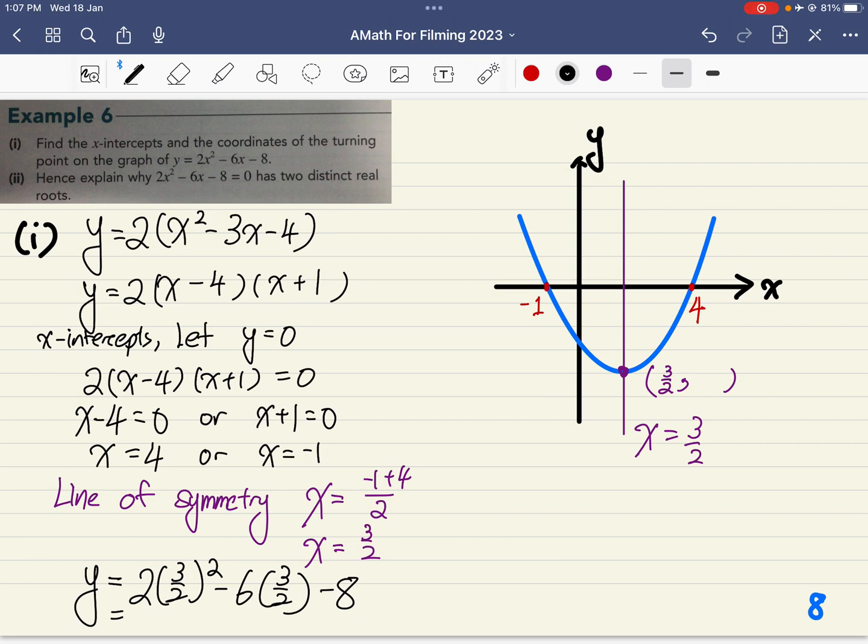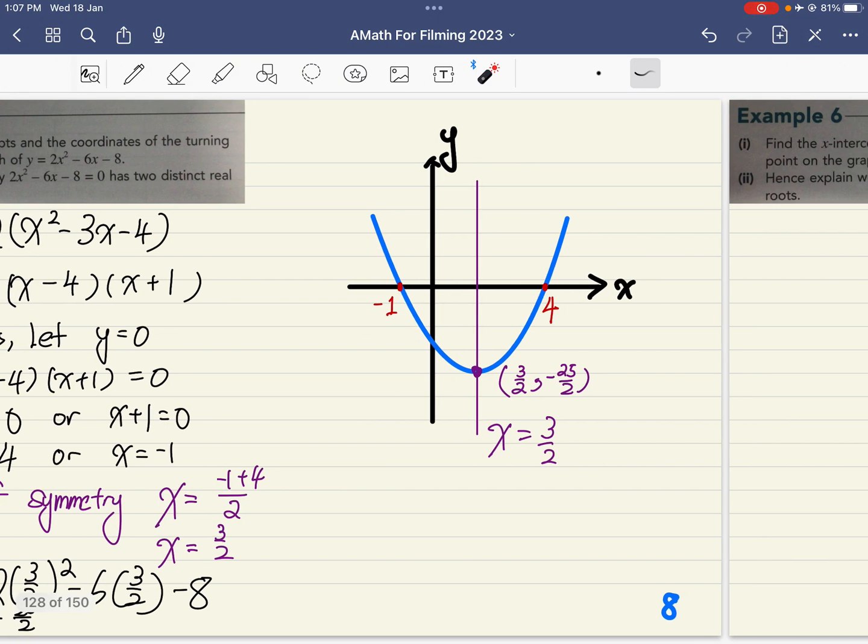And my y value in this case gives me negative 25 over 2. I can plug this negative 25 over 2 in here. So my y value is negative 25 over 2, and that in itself gives the coordinates of my turning point.